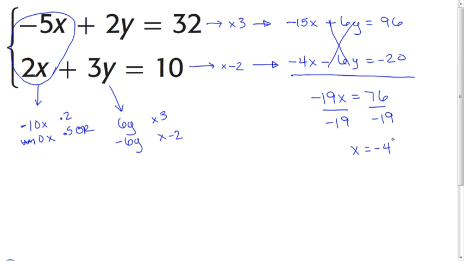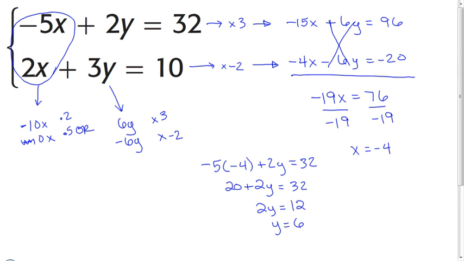So if I take this value now and I find the other part by plugging back into the original, I can go through and solve for y. So I get 20 plus 2y equals 32. Subtracting the 20 from each side gets me 2y equals 12. And dividing by 2 gets me that y is equal to 6.